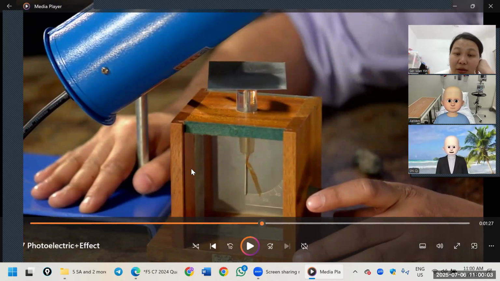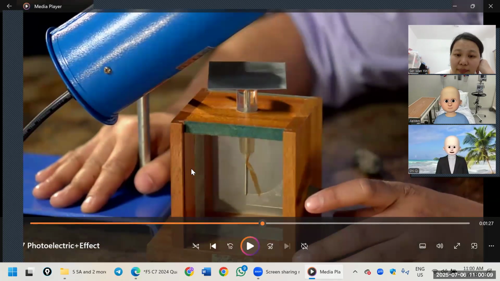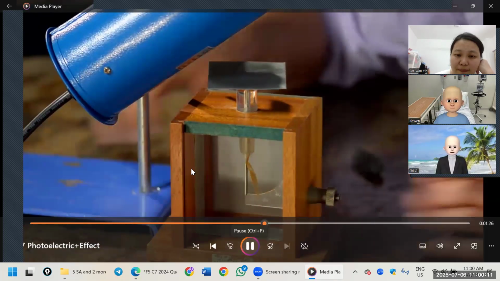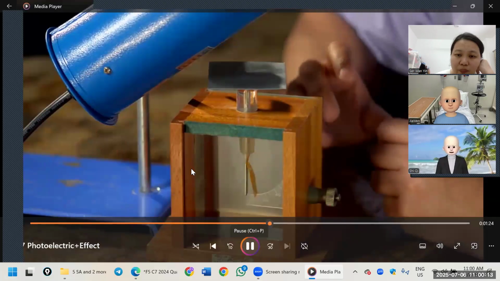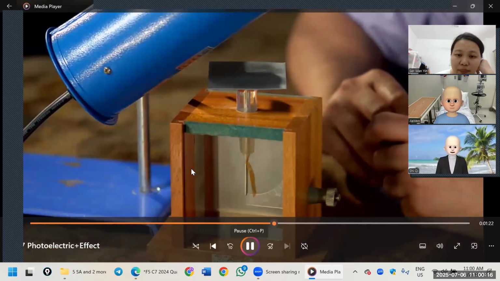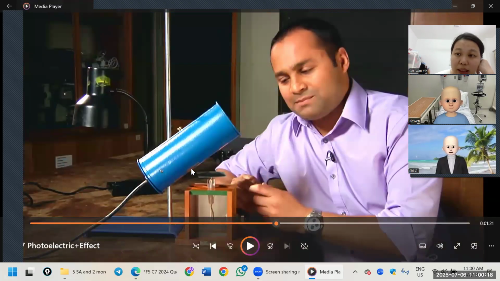Okay, UV shine on it, electron released, then neutralizes the electroscope. You can see that the gold leaf immediately starts to fall. Why? Because electrons are released.